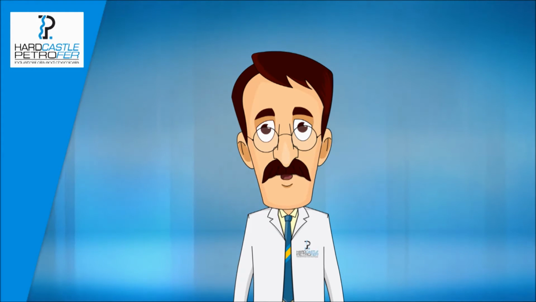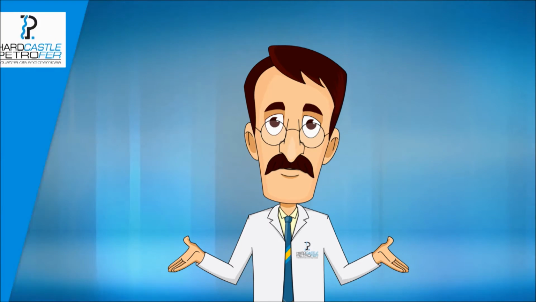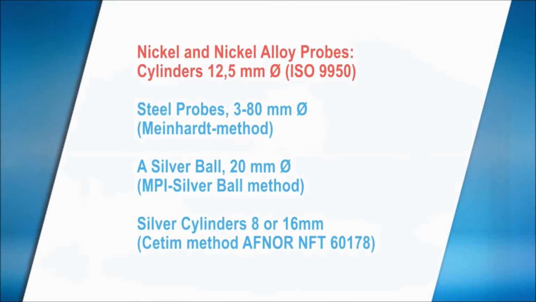The quenching process or cooling rates can, however, be studied using test probes such as nickel and nickel alloy probes using cylinders 12.5 mm diameter as per ISO 9950, or alternatively steel probes 3 to 80 mm diameter as per Meinhardt method, or a silver ball 20 mm diameter as per MPI silver ball method, or silver cylinders 8 or 16 mm diameter as per SETIM method.